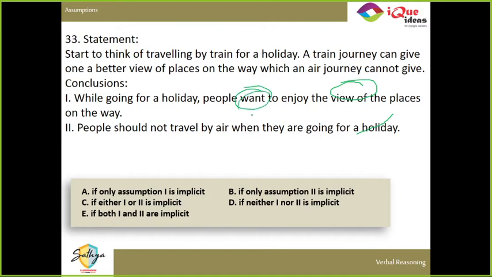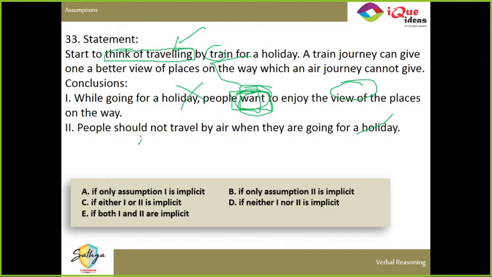Do I have to assume that people want to enjoy? I'm not saying you have to go by train. I'm saying you can start thinking of traveling by train. It's an option. So I don't have to assume that you definitely want to enjoy. I'm only giving you an option saying that if you take this option, you will enjoy the view. So the first one is not necessary. Even without that assumption, it will work.